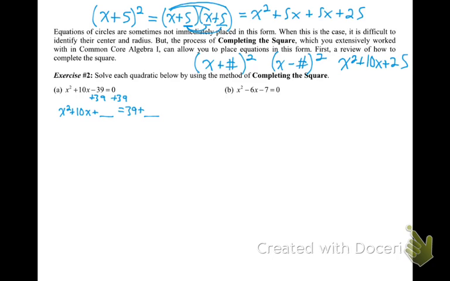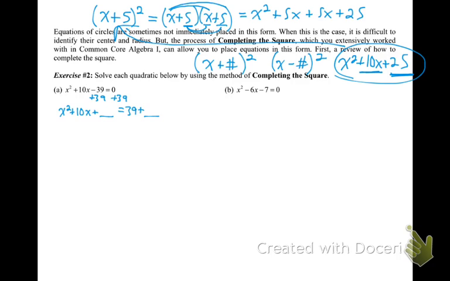Now if you look at how this trinomial is written, compare it to the original, x plus 5 squared: this number term is the square of that number in the parentheses. This x term is twice that number in parentheses.